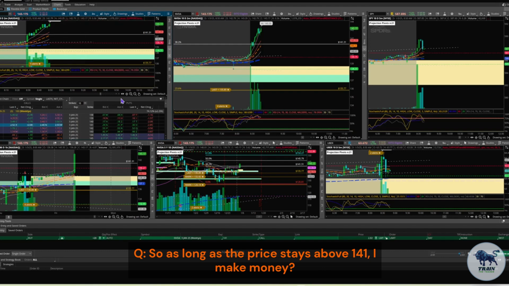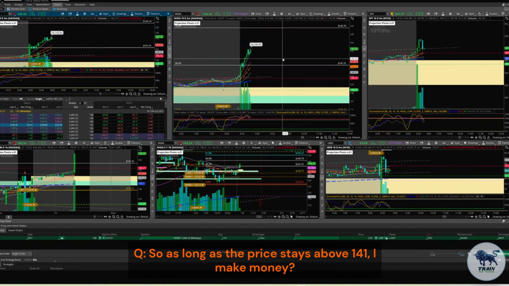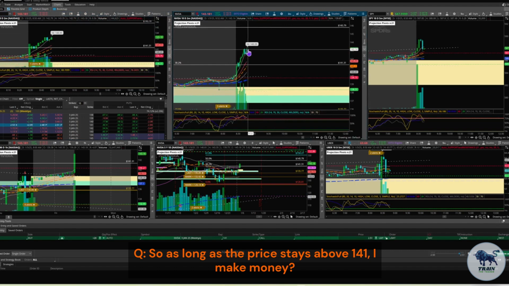So if the price is currently here, 143.29, and you enter a call and it closes right here at the end of the day, at 143.35, where it stays, then even if it goes all the way up $2, goes down $4, and closes at this number, you're not going to make any money on that.